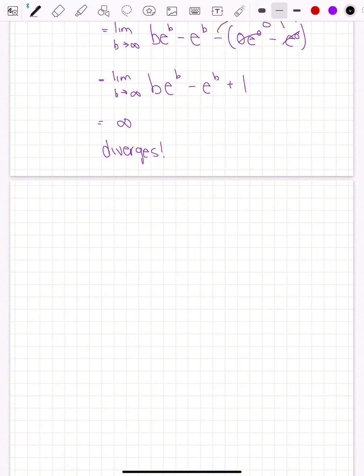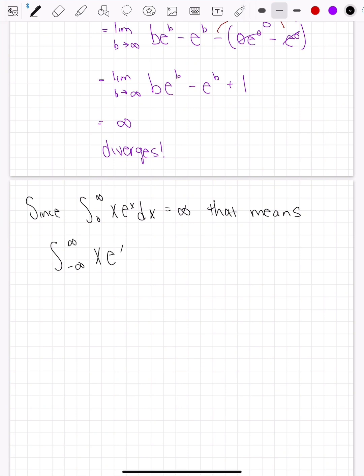To conclude, since this second integral from 0 to infinity of x e to the x dx equals infinity, that means that the integral from negative infinity to infinity of x e to the x dx also diverges.